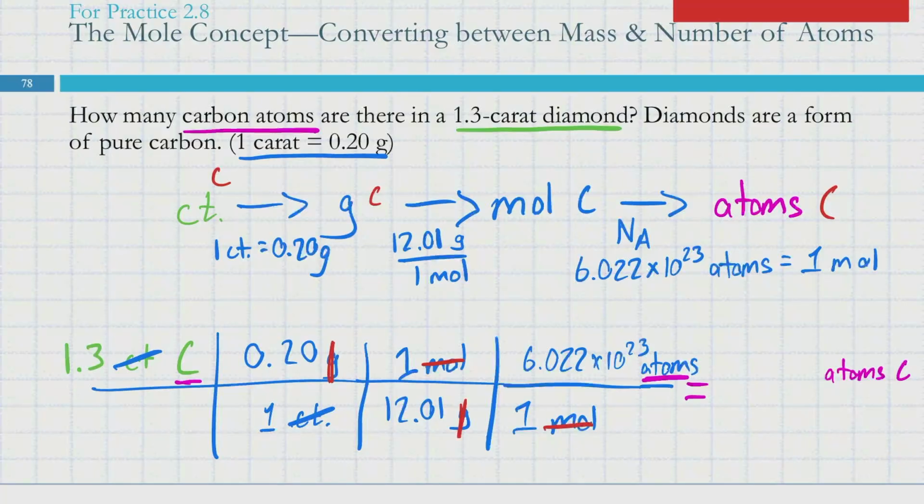So we're going to put into our calculator 1.3 times 0.2 divided by 12.01 times 6.022 times 10 to the 23rd. You can also use that little capital E key. And hopefully you're getting 1.3 times 10 to the 22 atoms of carbon.